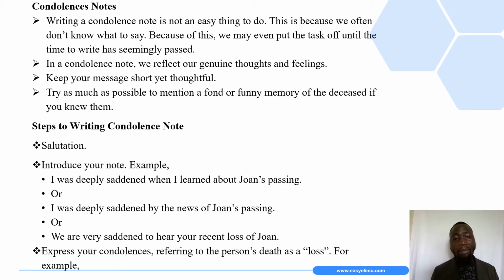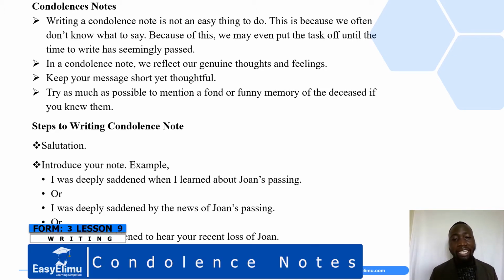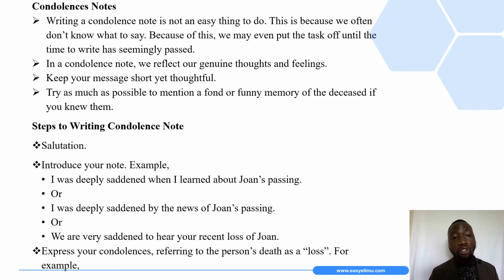The meaning of the word to condole is simply to express sympathy with a person who is suffering either sorrow, a misfortune, or a grief. So writing a condolence note is not an easy thing to do. This is because we often do not know what to say. Because of this, we may even put the task off until the time to write has seemingly passed.